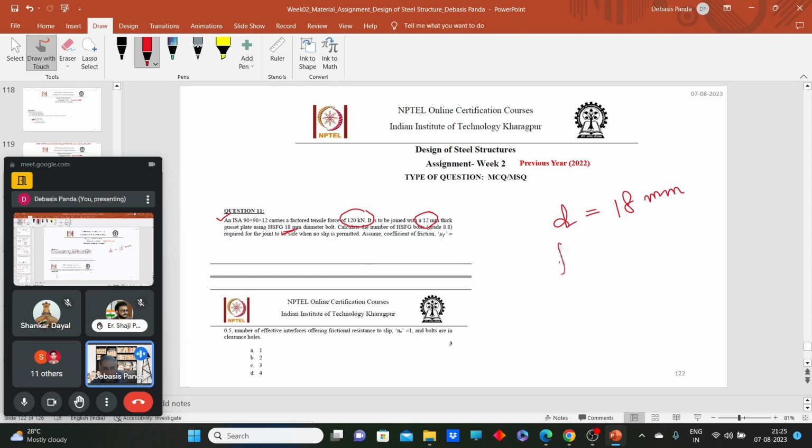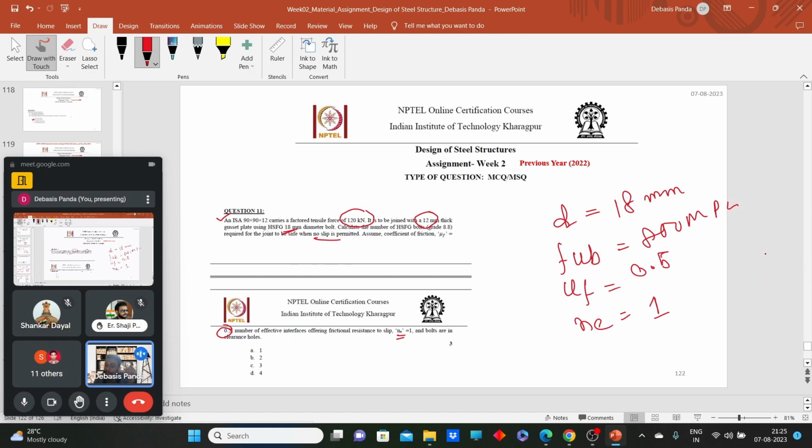Grade of bolt is 8.8, so FUB will be 800 MPa. One more thing, mu f is given, mu f is equal to 0.5. Ne, the number of planes offering friction, is 1. What else is given? Yes, no slip is permitted, and we need to consider the standard clearances if the clearances are not given. So how can we calculate the number of bolts?